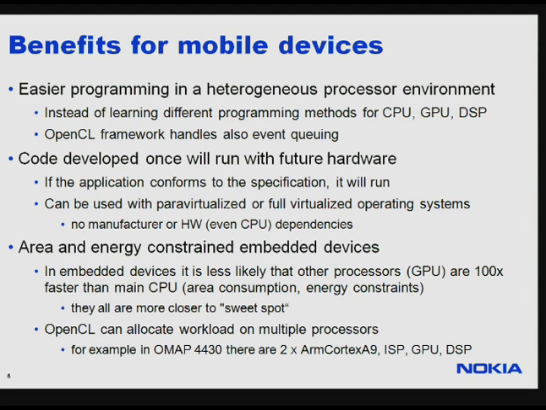Most of the benefits are quite similar for the mobile profile as has already been discussed. It's really the portability of the code, but this might be even more important on the mobile side than on desktop, because the variability of hardware is higher and changes faster.